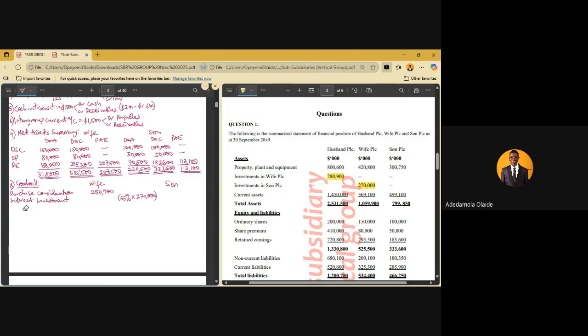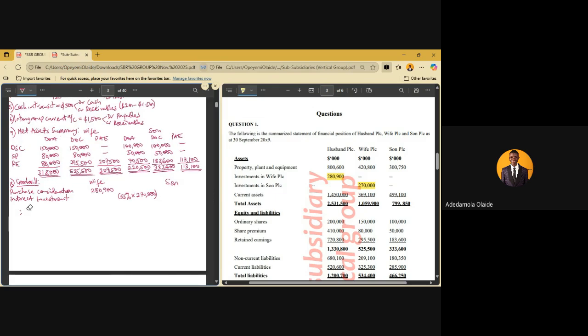Okay, after doing the indirect investment, we can now say NCI, and NCI is proportionate share.